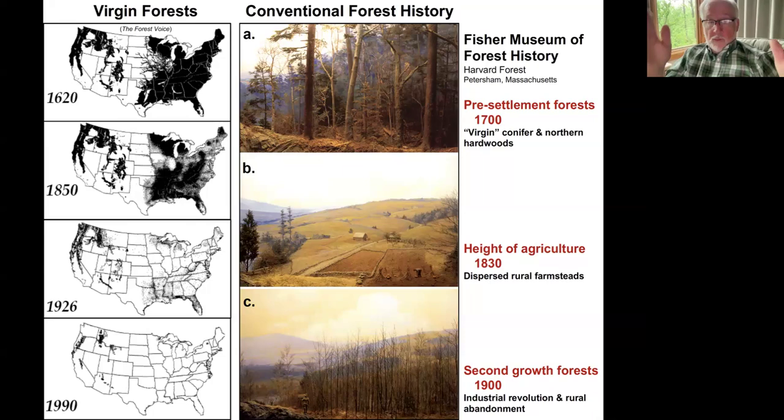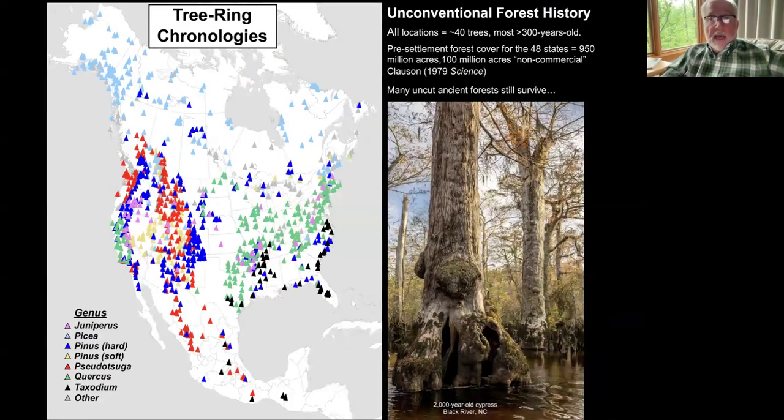And it's very hard to rectify this view with this map, which is a map of tree ring chronologies from North America. And all of these are, so this is my unconventional forest history of North America. Each one of these locations, here's one on the Smoky Hill River in west central Kansas.